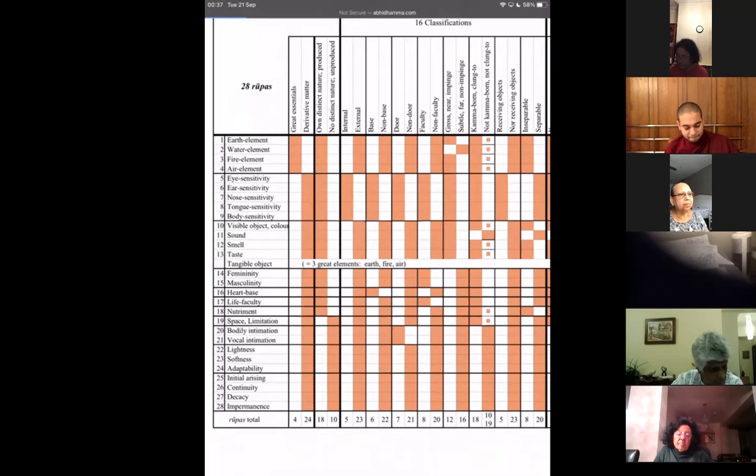And so again, when it comes to earth element and fire element, things like that, it is not necessarily with upadana. It can be just without upadana, right? Yes, correct. So it operates both ways.